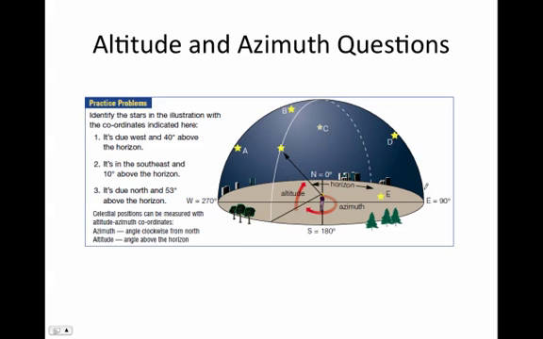So let's see if we can practice this. We need to identify stars in this celestial sphere here based on coordinates. So there are 1, 2, 3, 4, 5, 6 stars.